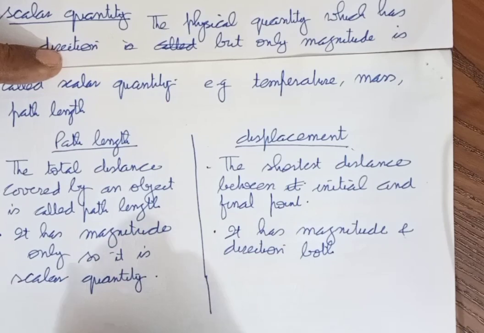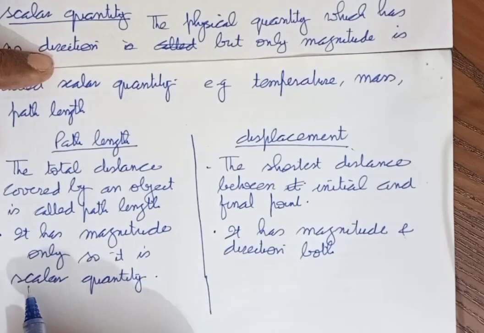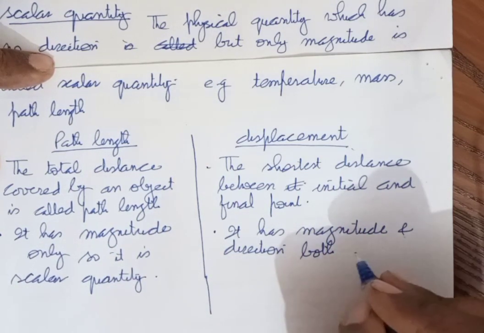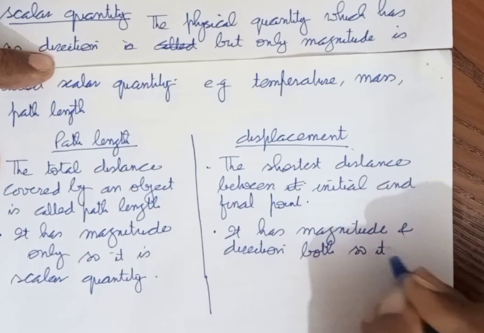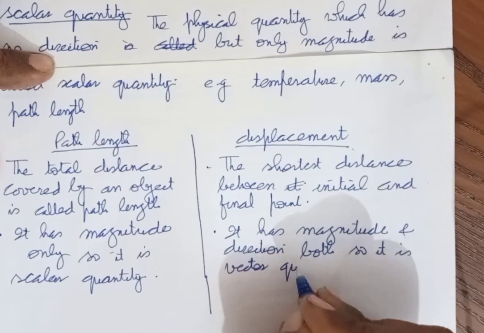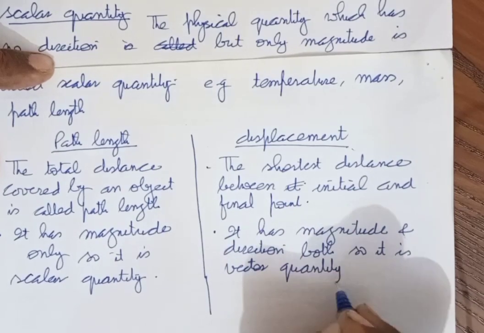It can be scaled only, it can be measured only. What does it mean by scalar? It can be scaled only, it can be measured. However, what is a vector? It is directed somewhere. So displacement is a vector quantity.